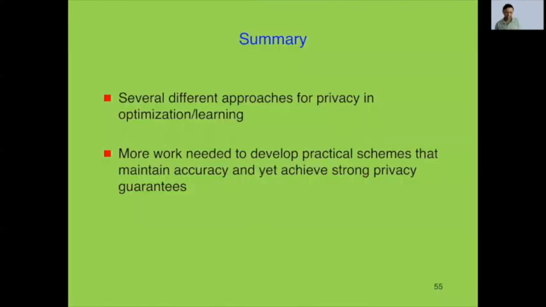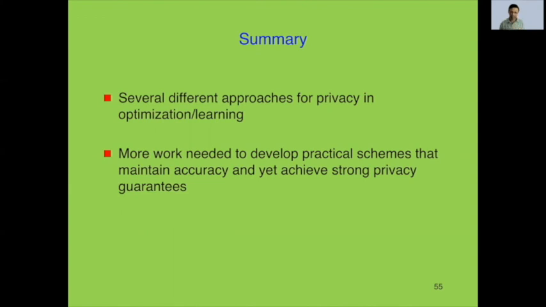Okay, so that's really all I'm going to be able to present today in this tutorial. So what we did initially was to talk about fault tolerance or secure optimization. We discussed some simple examples of fault tolerance schemes that have been proposed. In fact, we discussed several filters that differentiate these different schemes for fault tolerance. And then we looked at 3 different approaches for privacy in this setting.